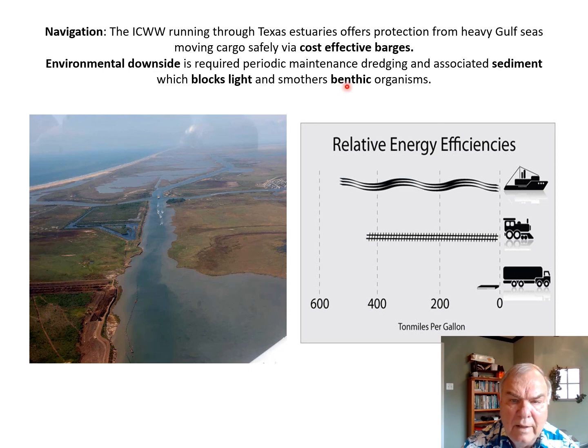But again, the studies have shown that those benthic organisms, like most marine organisms, have a planktonic stage, and when they spawn, their larvae will repopulate the newly dredged bottom of the intercoastal waterway with no significant biological damage.